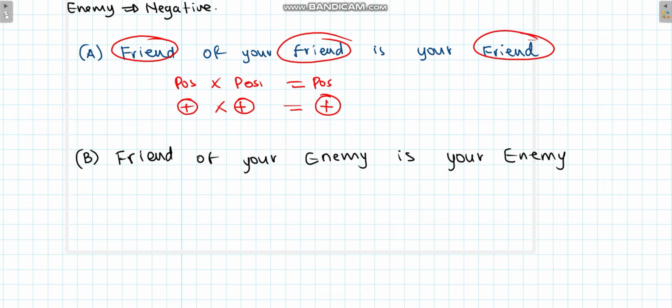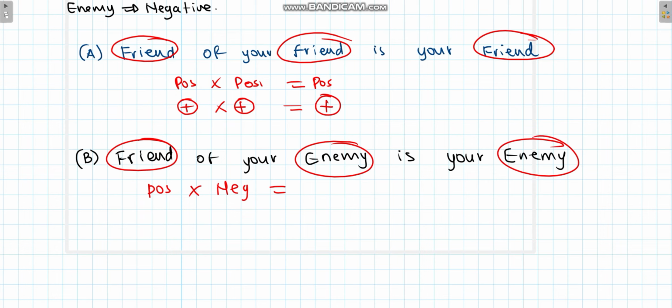What do you know about friend? Positive times enemy, negative, is equals to what? Negative. Okay. Never change. Positive times negative will always give us negative.